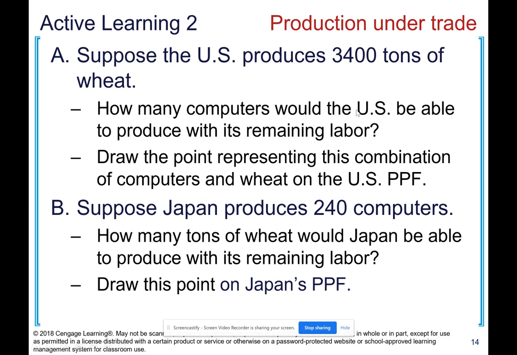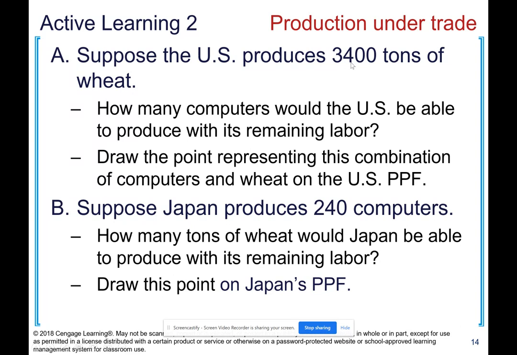How many computers would the US be able to produce with its remaining labor hours? Draw the point representing this combination of computers and wheat on the US PPF. As you can see, 3,400 tons of wheat would be how many hours?